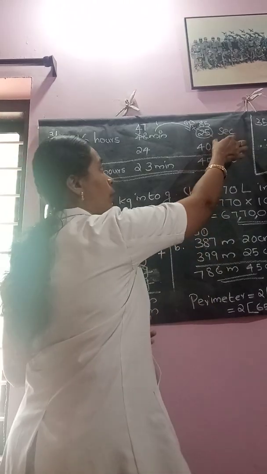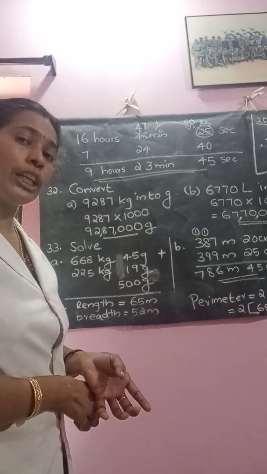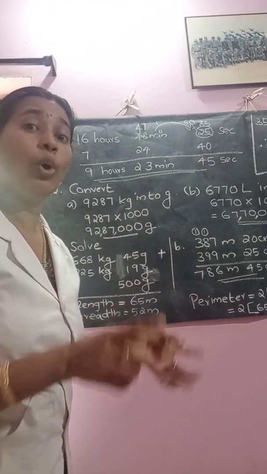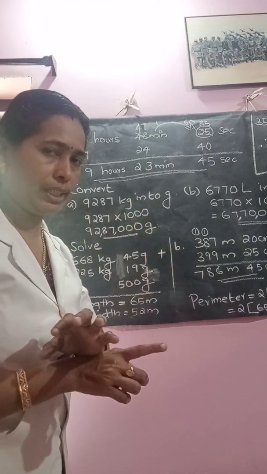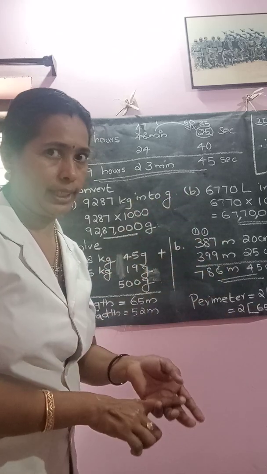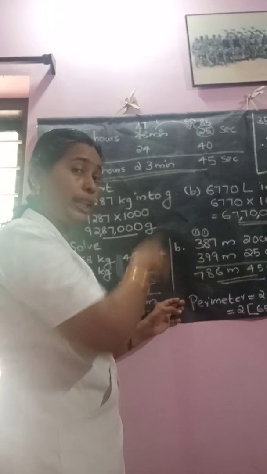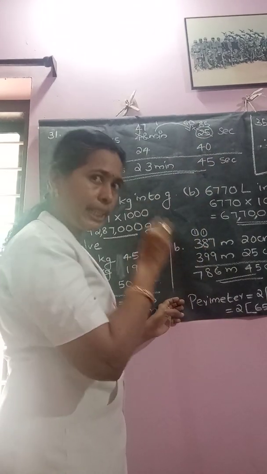This is the column of seconds and this is the column of minutes. So carry over is possible only for the whole number, not digit by digit. That means not for 5 or for 2 separately, but together for 25.